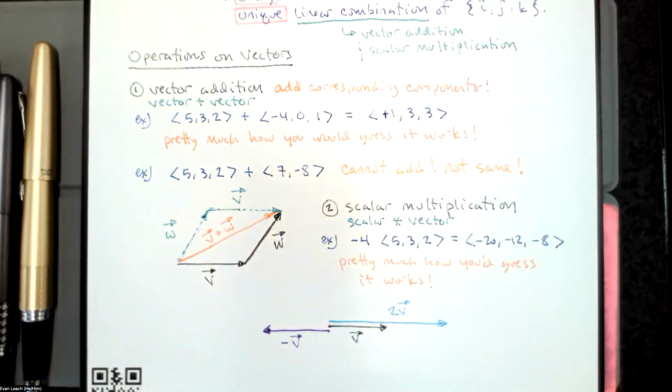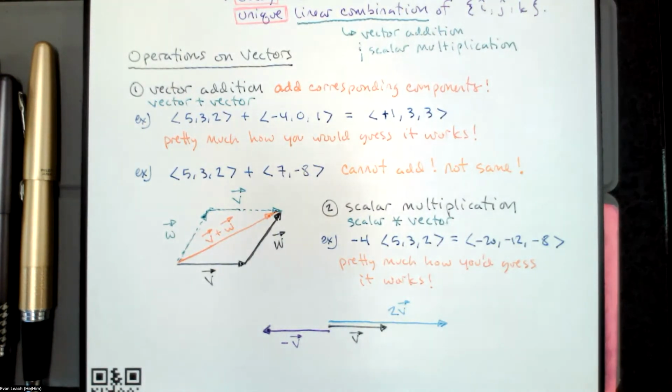We're just going to be using vector addition and scalar multiplication to combine the vectors. That makes a linear combination.